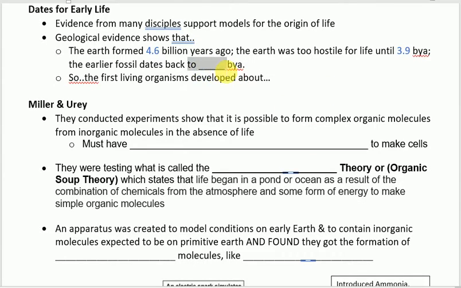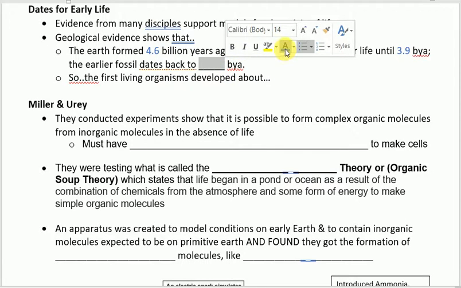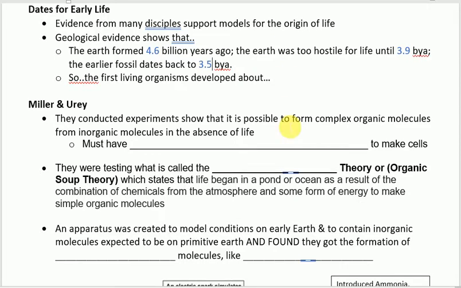And to this date, the earliest fossil that we have dates back to 3.5 billion years ago. So that means that the first living organism probably developed around 3.8 billion years ago.